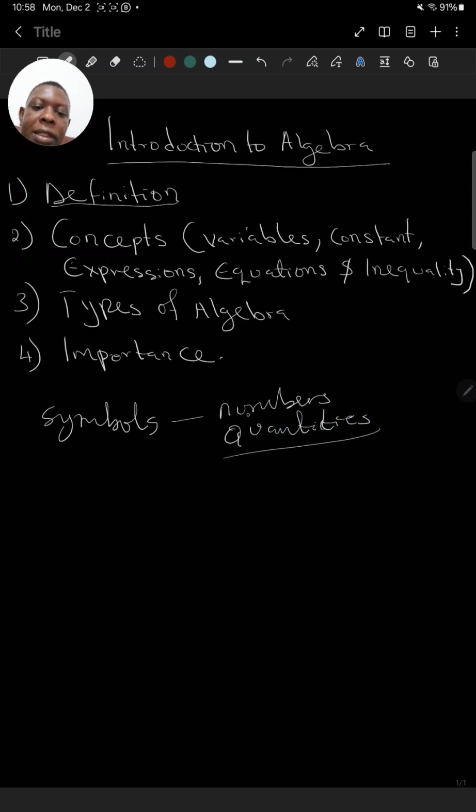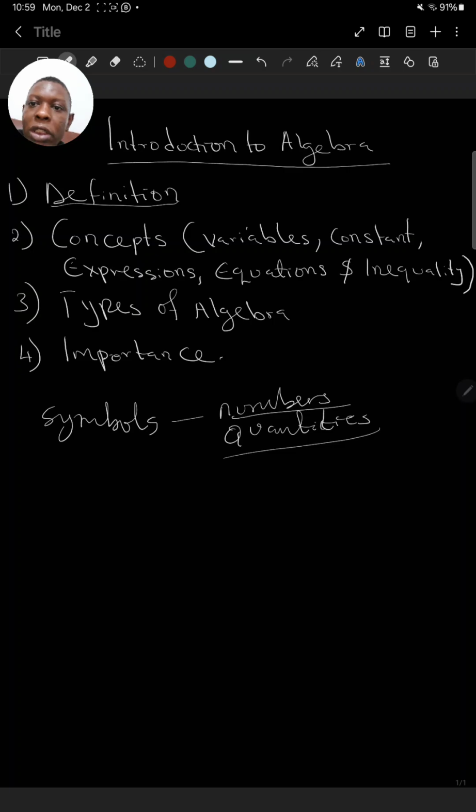So when these symbols are used to replace numbers or quantities, you're dealing with algebra. So algebra allows us to solve for the unknown. In algebra, you're trying to know what actually that x, that y is standing for, what value, what quantity does it occupy.